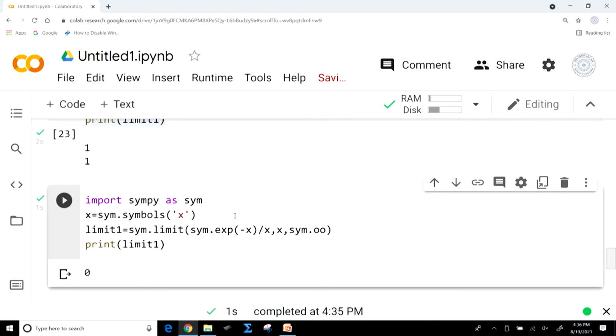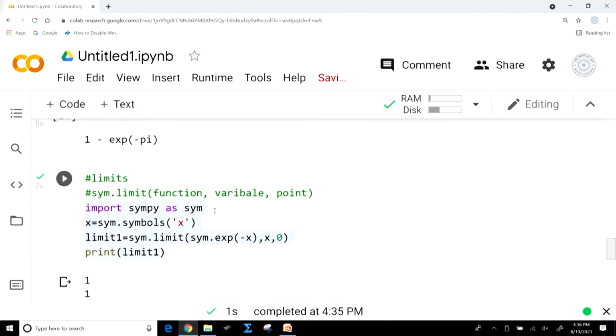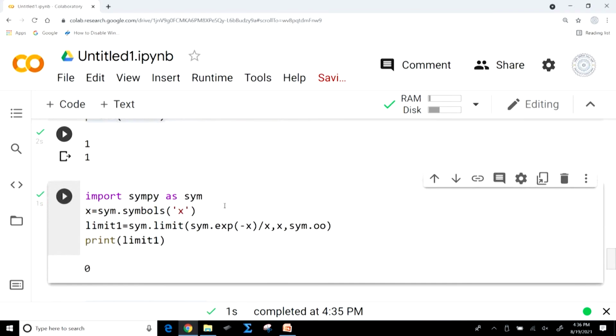Likewise, you can compute the limit of other functions also. The simple command I told you is simp limit, the function for which you want to find the limit, the variable, and a point, and this command will give you the value of the limit of the function.